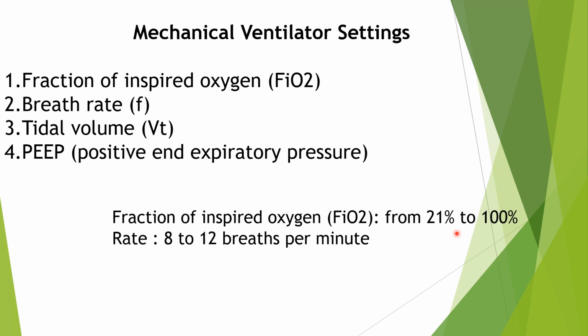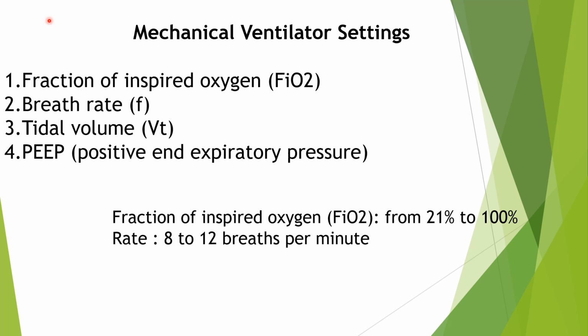Rate is the number of respirations the patient receives per minute via the ventilator, and usually we will be setting it at 8 to 12 breaths per minute. This setting depends on the mode of the ventilation selected and whether the patient can breathe spontaneously or whether the ventilator needs to provide mandatory ventilation for the patient.